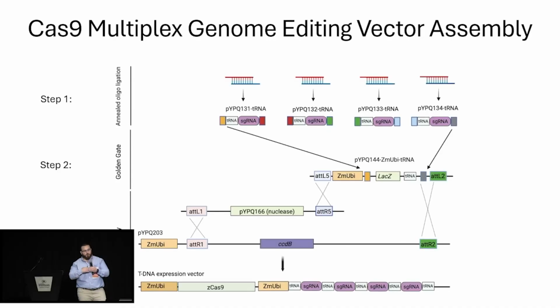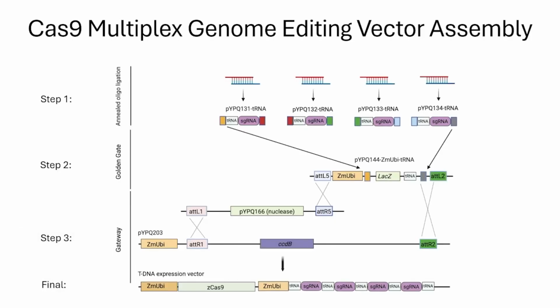So you anneal those oligos first, and you would insert those into pYPQ131 all the way up to 136, for example, depending on how many guide RNAs you're interested in using. So in this example, I have pYPQ131 through 134. That would be used for 4 guide RNAs.